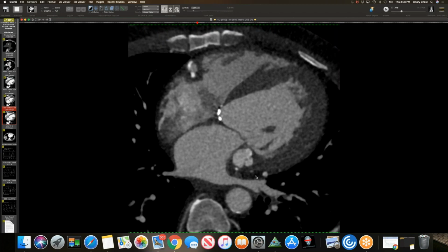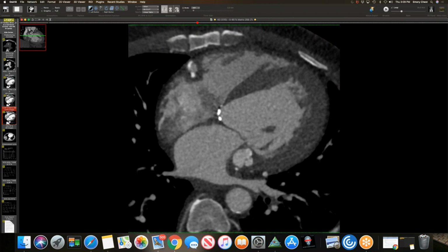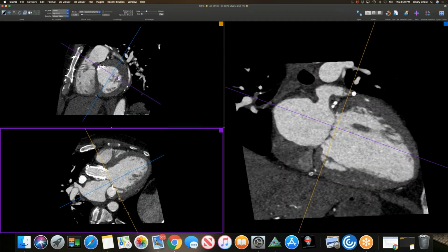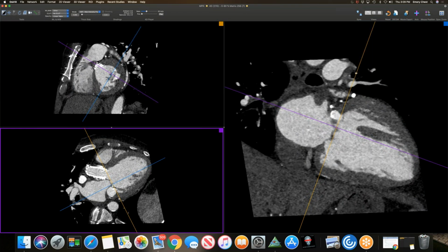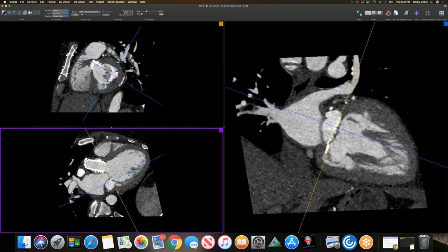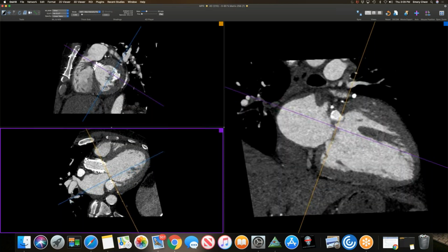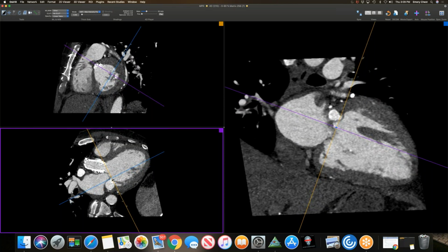It's thick. As you narrow the window here, there's some low attenuation right there. And then as I played around with the multiplanar reformats, it became more clear to me that this is actually an aneurysm of the free wall at the left ventricle, right at the base. So I called it a submitral left ventricular aneurysm or pseudoaneurysm.